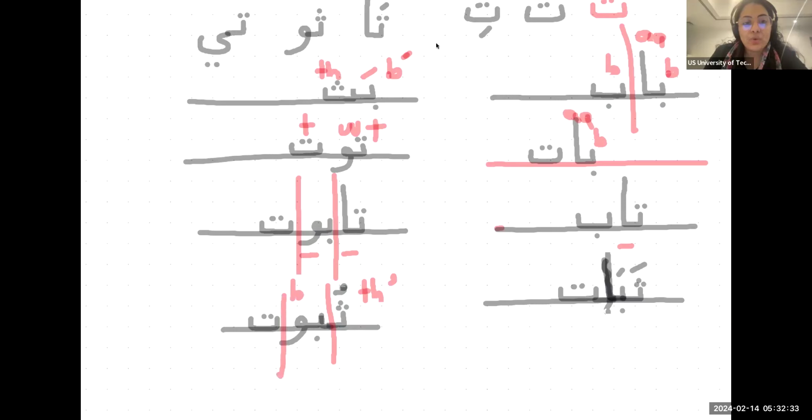Thu. So it's th with u, thu. And then b with oo. And then ta. So, toot. Toot.